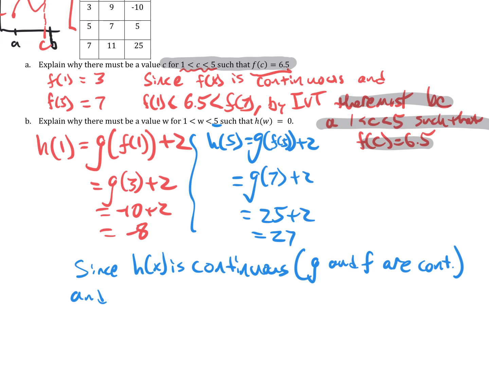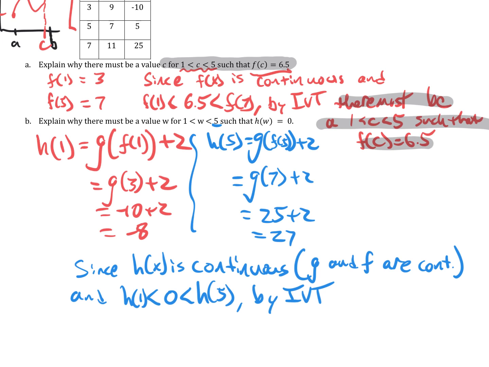And we've got to state that the 0 we're looking for, that y value, is between h of 1 and h of 5, by the intermediate value theorem, which you can abbreviate IVT.